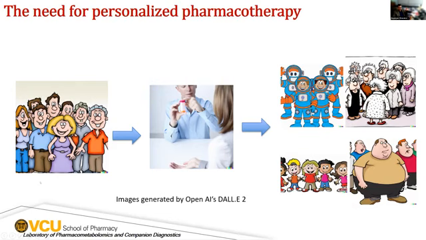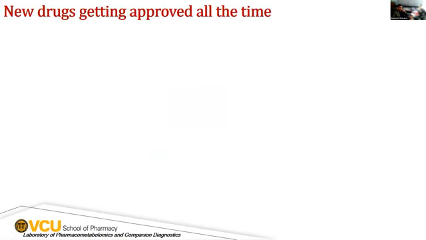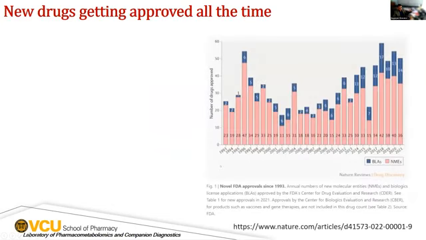All right, so now we understand that there's a need for personalized pharmacotherapy. But this need is even bigger than what I mentioned, because we are getting new drugs into the market all the time. If you look at the new drugs that came into the market from 1993, you can see there's been a steady increase in new molecular entities, new biologic agents coming to market.